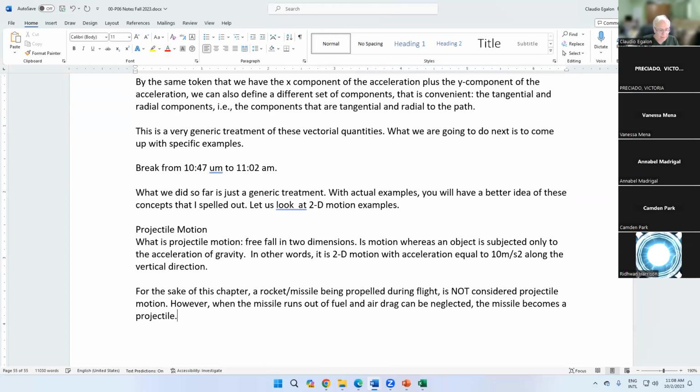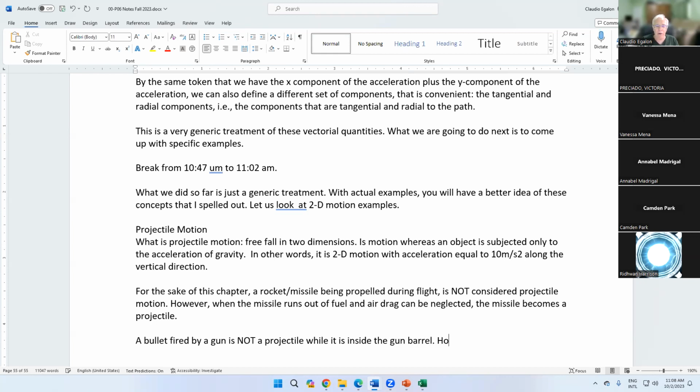A bullet fired by a gun is not a projectile while it is inside the gun barrel.